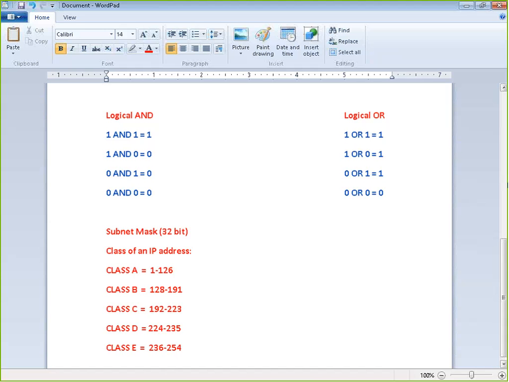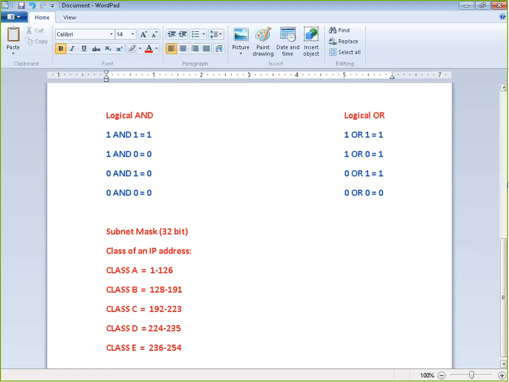If you look at the ranges, whenever we talk about decimal values, the first octet is 8 bits. So if I talk about 8 bits in general, what would be the first decimal value that the 8 bits can generate?